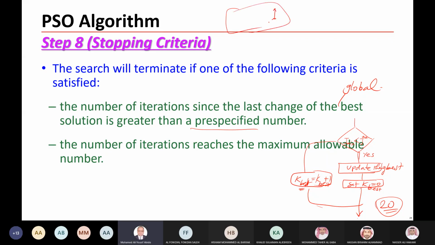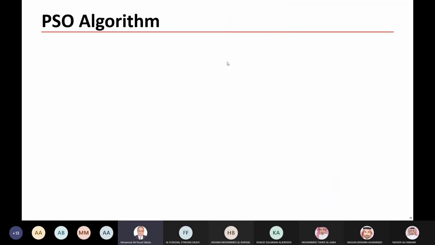This particle is moving this way, this particle is moving this way, and then it comes here, and this one comes here, down here, and so on.